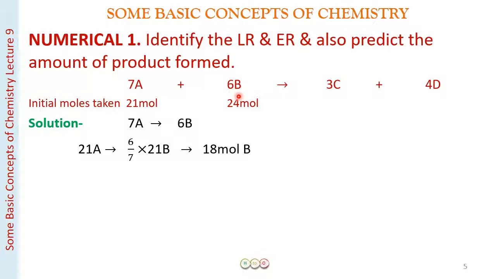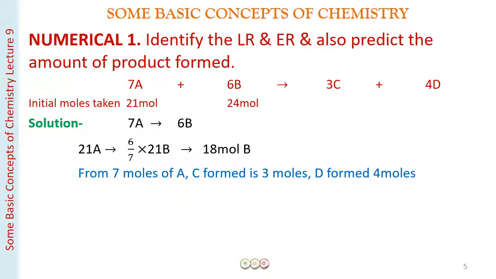So now the product formed is going to be in accordance with the moles of A. So from 7 moles of A, moles of C formed are going to be 3 in accordance to the reaction, right? And for D, how many moles? 4 moles.